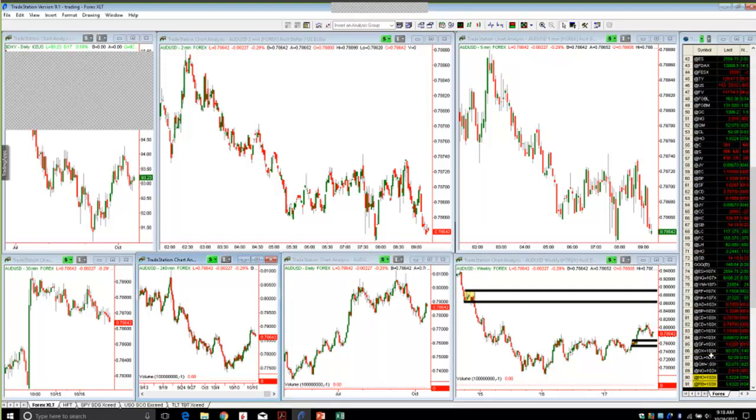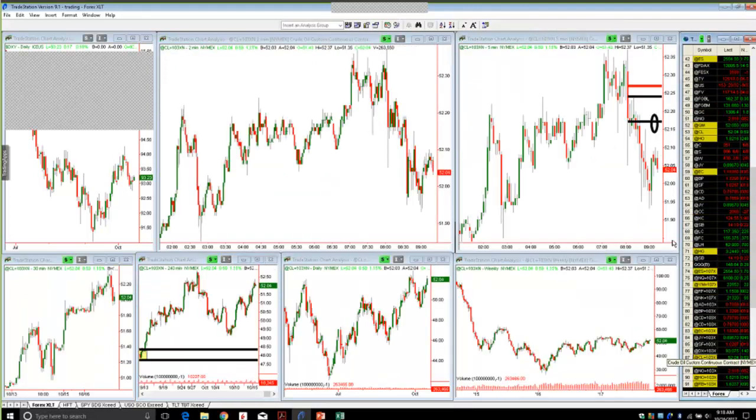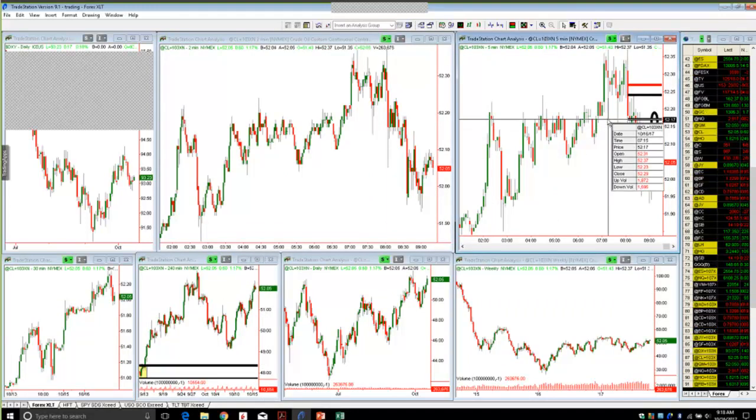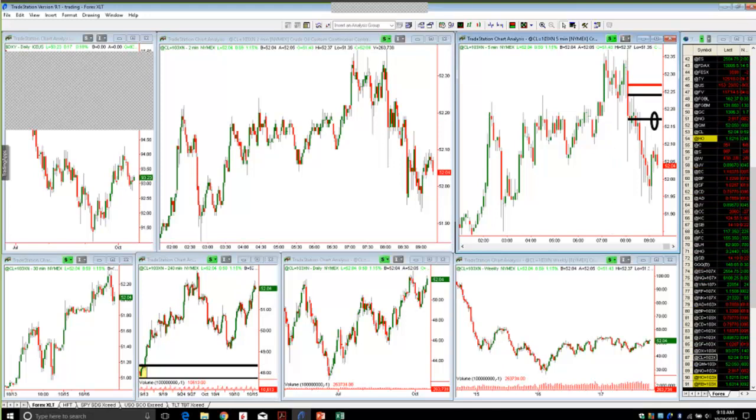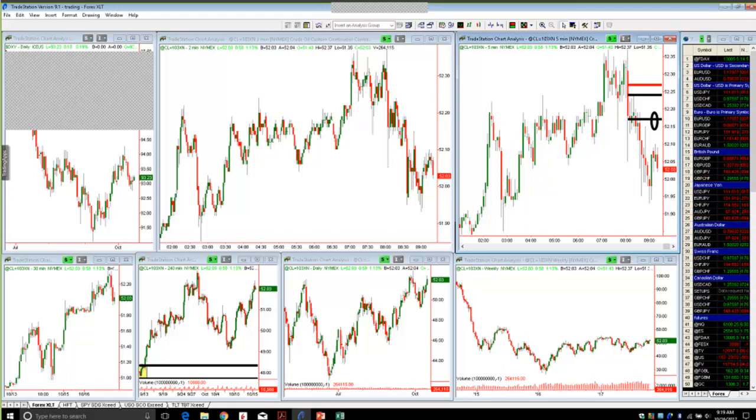Let's see what price is doing in oil, and then we'll come right back to this. So the price really needs to get up to, okay, 17. Okay. All right. Let's go back to the Aussie dollar. Just wanted to write a note so I don't forget that one.